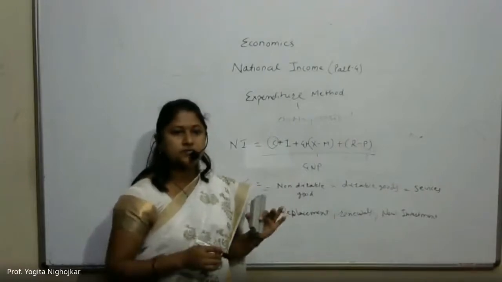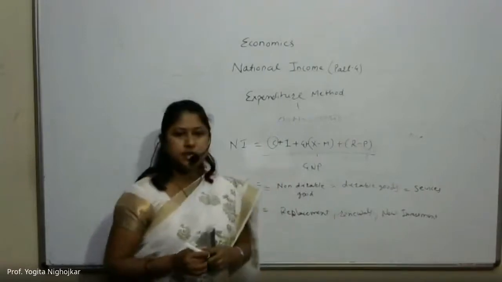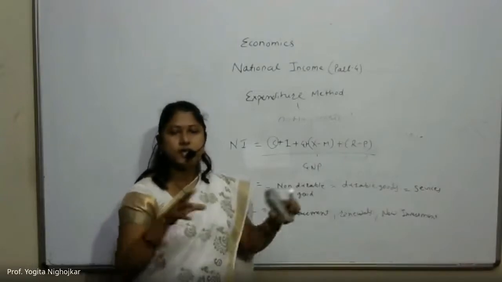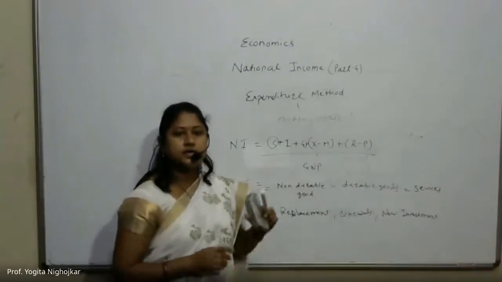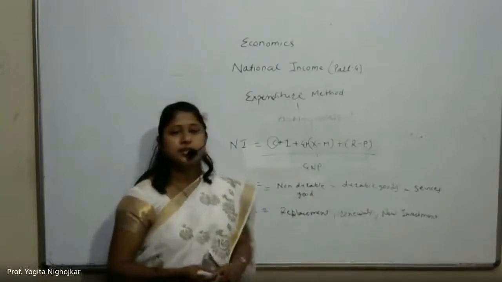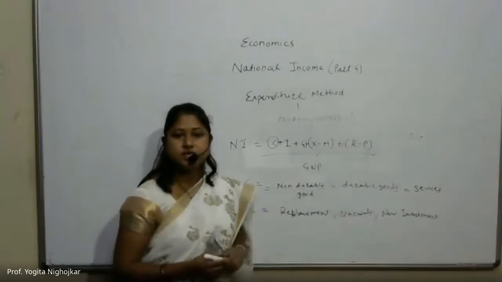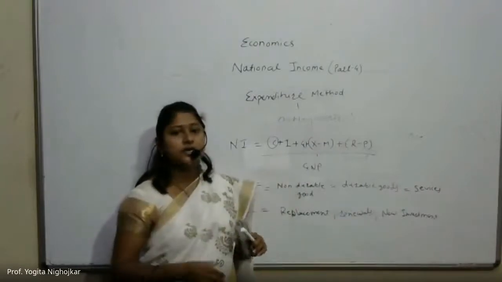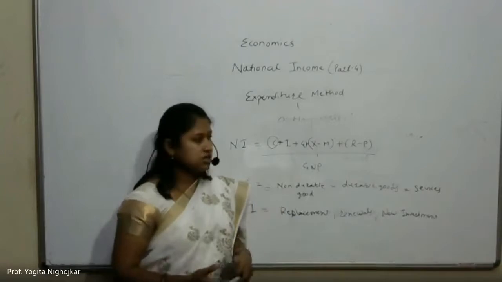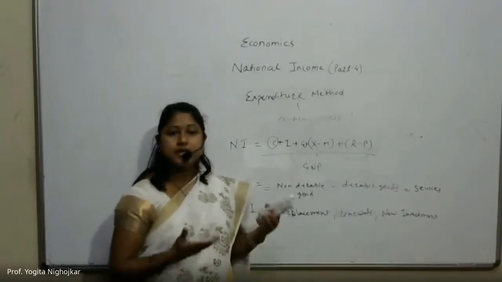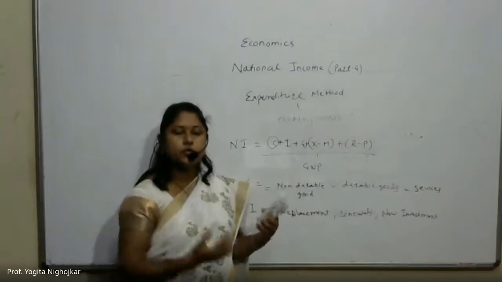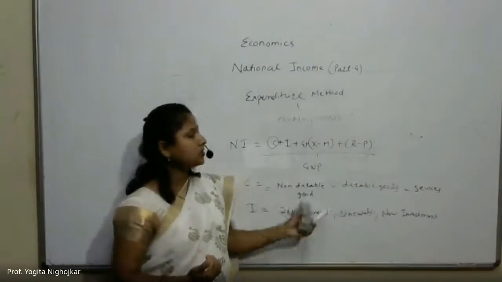Government final consumption expenditure refers to expenditure incurred by government on various services like defense, education, etc. And government investment expenditure refers to expenditure incurred by government on creating infrastructural facilities like construction of roads, railways, dams, which are used by the business sector for goods and services in an economy.